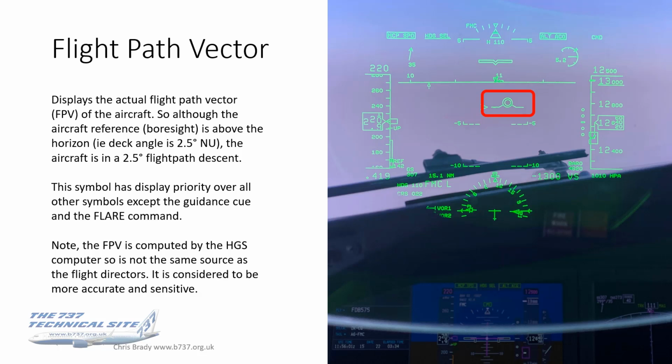The rest of the information is there, but this is where the concentration is. This is computed by the HGS computer, so it's not the same source as the flight directors, and it's considered to be more accurate and sensitive than a flight director.